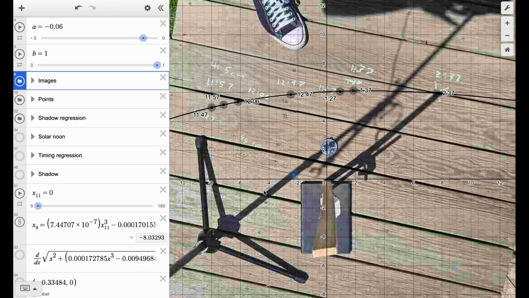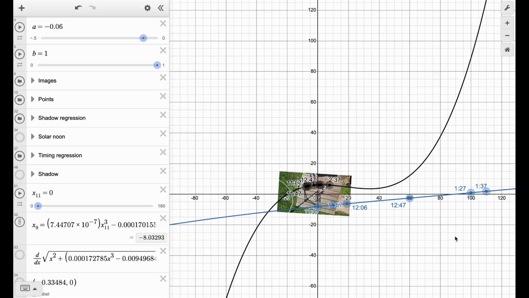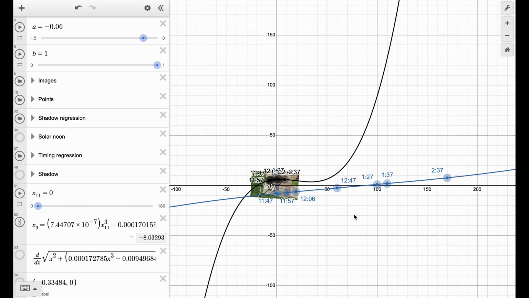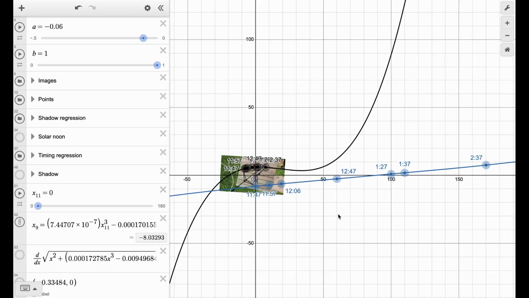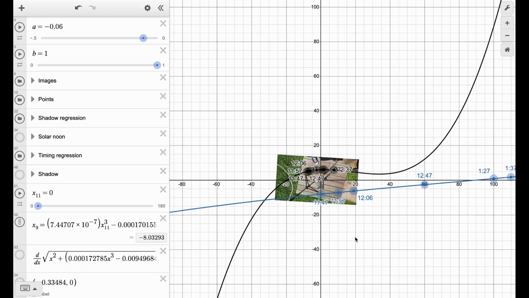So I also took the time, I essentially just converted it into minutes since 11:47. And then the x coordinate of this point, and I made a separate set of points with its own regression so that I should be able to model where the shadow should be at a particular time.